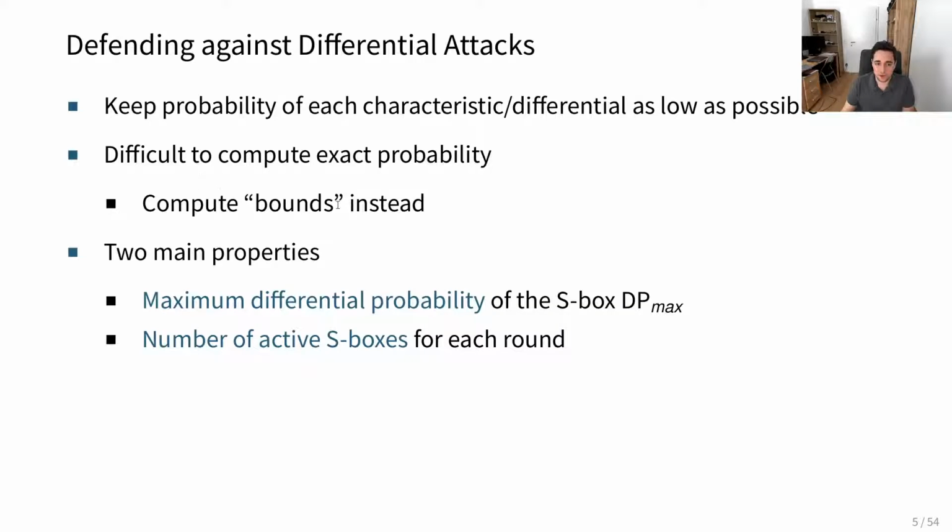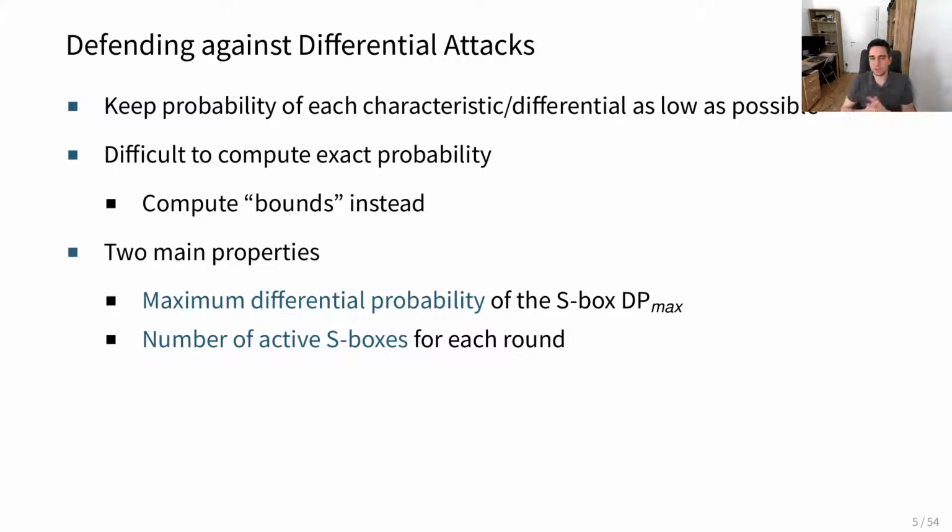Okay, but for this bound, we'll talk later about that, we have two main properties. The first such property is, of course, we want that the maximum differential probability of the S box we use is as low as possible. And then we have the property of the number of active S boxes for each round. And of course, we want that to be as high as possible.